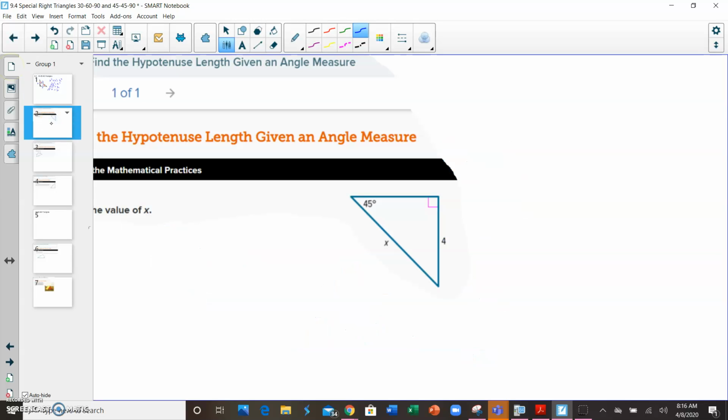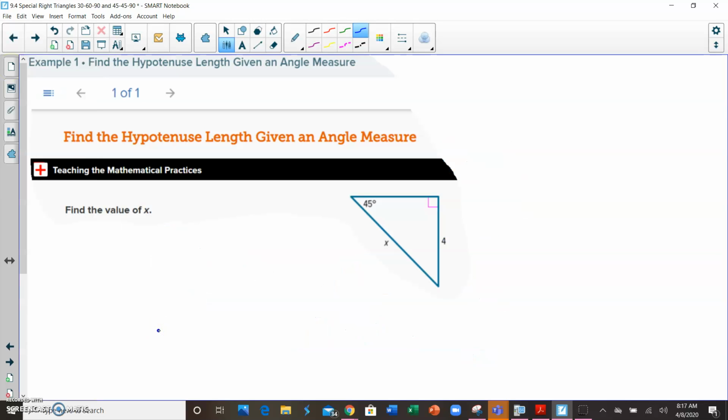This is example 1 in your McGraw-Hill notes. If you want to go through the McGraw-Hill notes, you can, and if you don't want to, that's fine too, because this is them, example 1. We have a 4 here. This is a 45-degree angle, so this is also a 45-degree angle.